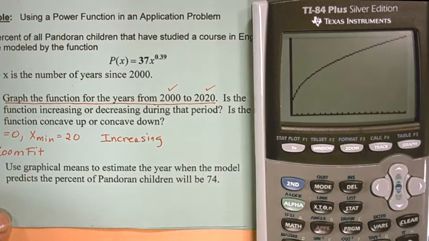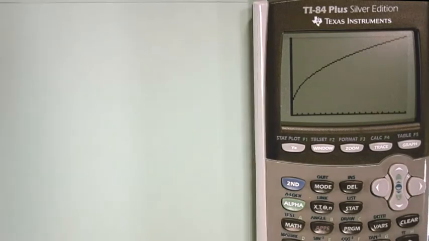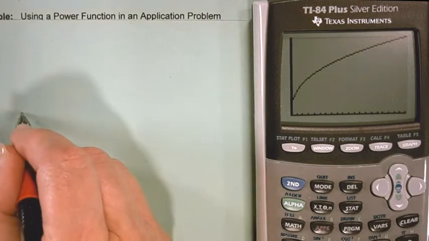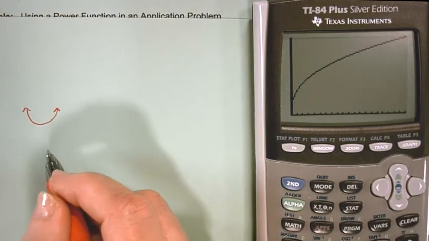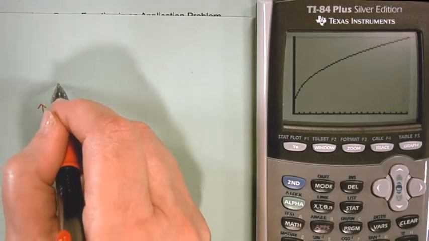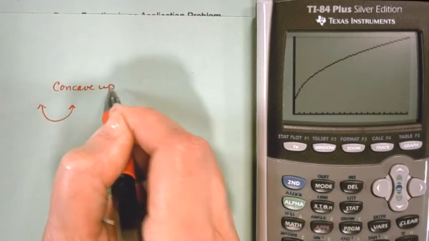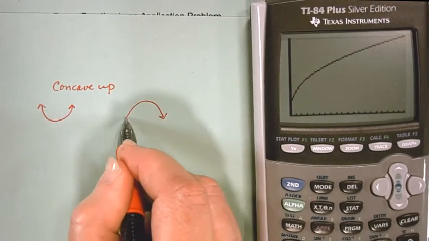Now, is the graph of the function concave up or concave down? Well, let's remember something from when we were doing parabolas. Remember when we were doing parabolas and we said the parabola that opens up like that was called concave up? And the parabola that opened down we called concave down.